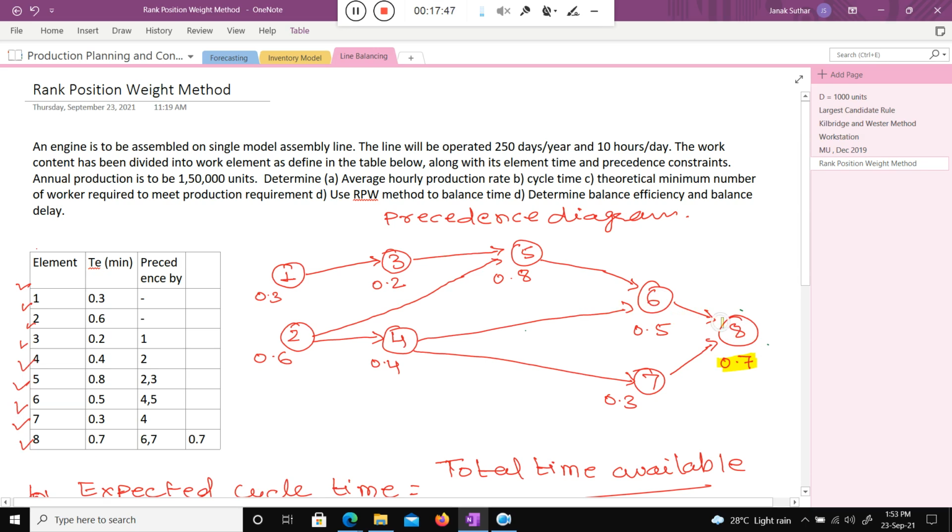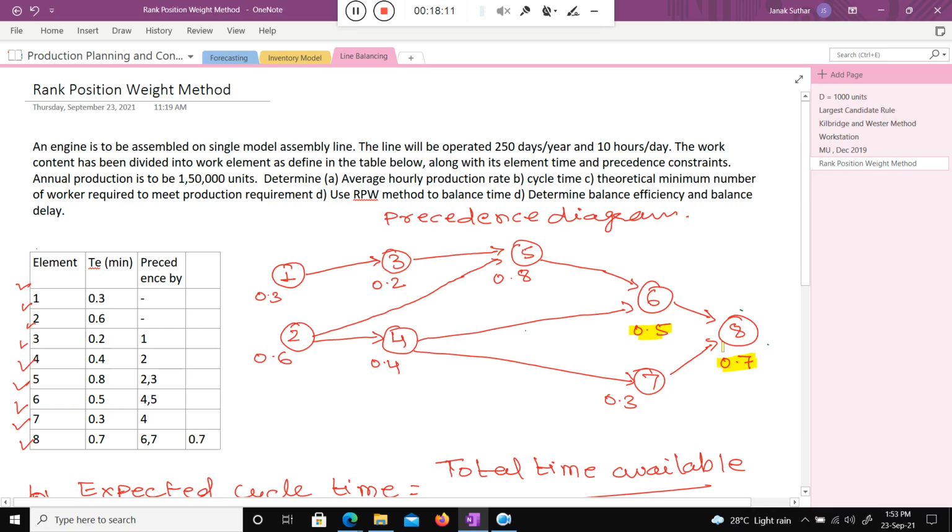Only one path is available, and by using this path only you can go from 6 to 8. Along that path, whatever activities come, you need to add their times. Activity 6 has time 0.7, and for 8, the time is 0.5 and 0.7.